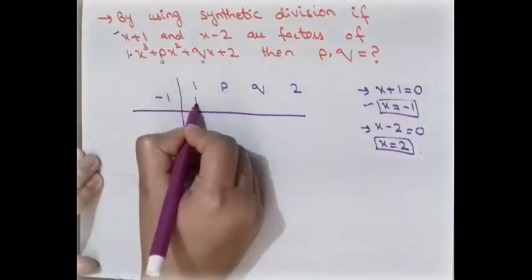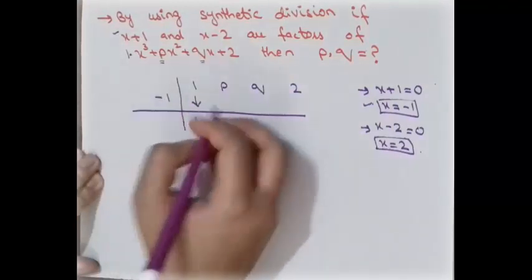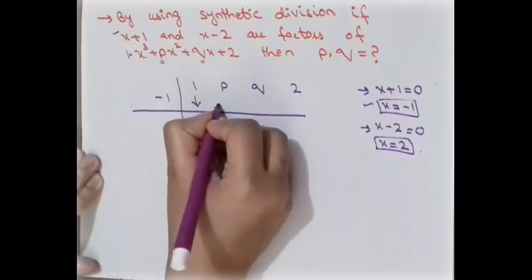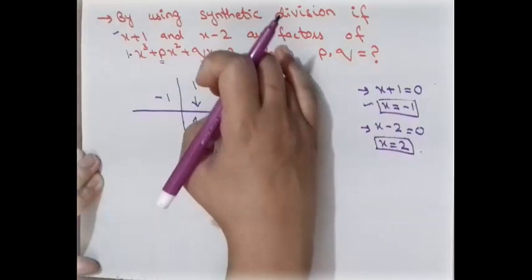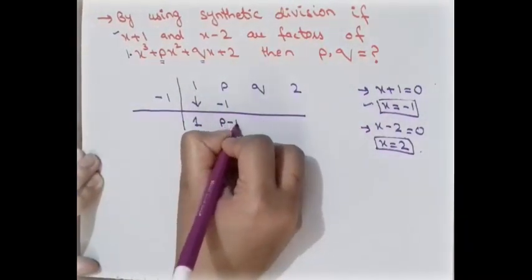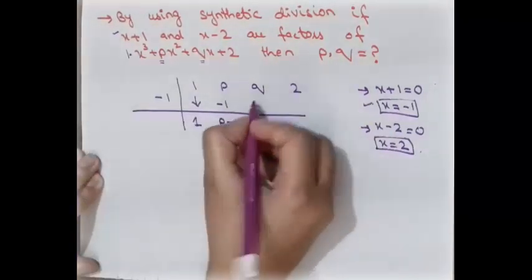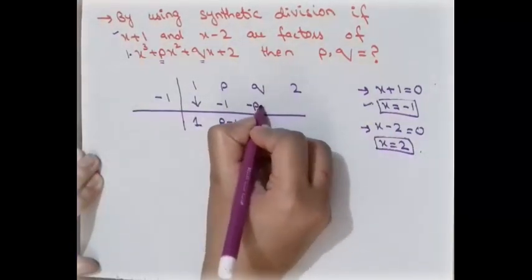Synthetic division says to drop the first element, which is 1. Multiply these two numbers, we will get minus 1, and place the answer here. Add these two numbers, which gives p minus 1, and multiply this by minus 1, so we will get minus p plus 1.